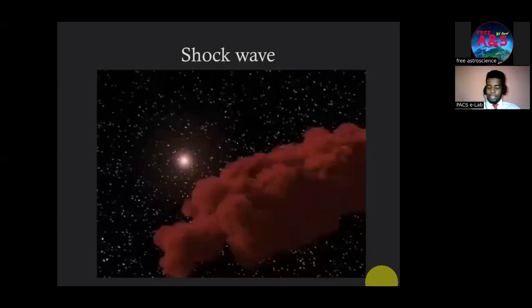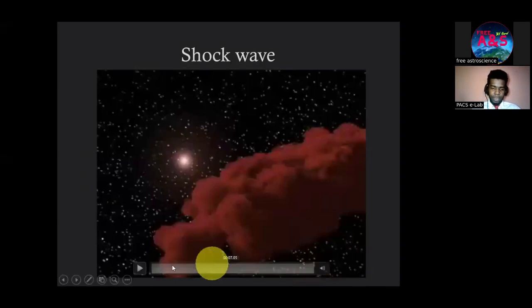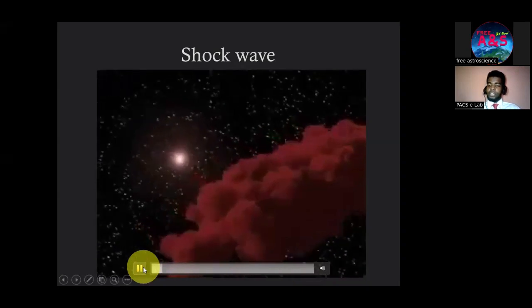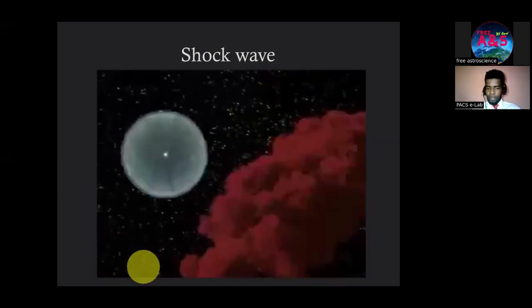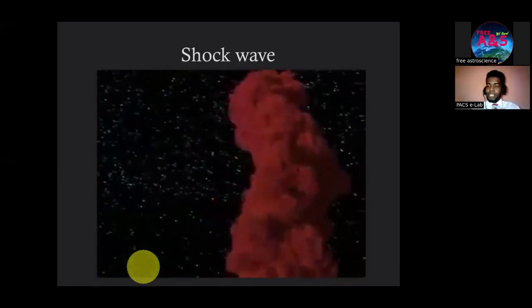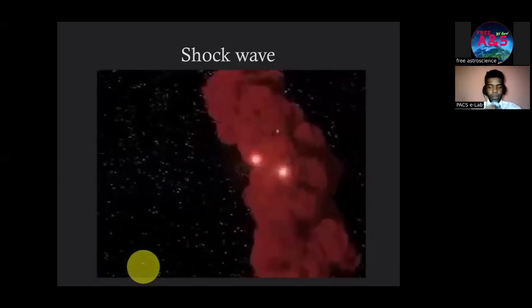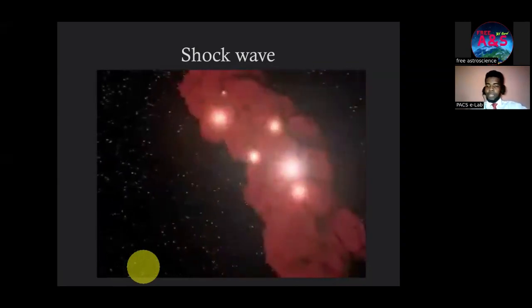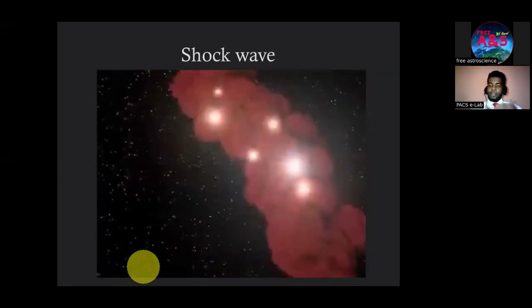Last time I said that shock waves are agents that trigger star formation, according to the simulation on your screen. Stars are formed from giant molecular clouds, okay? When there is a supernova explosion, the shock wave from the star moves and slams into this giant molecular cloud, and it creates what we call a density differential.